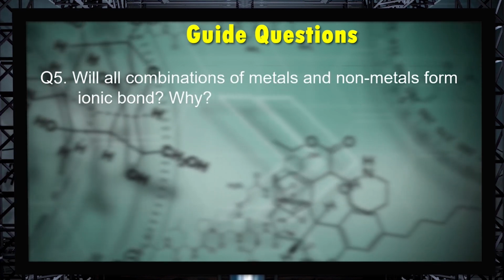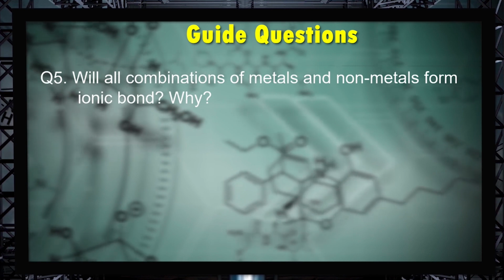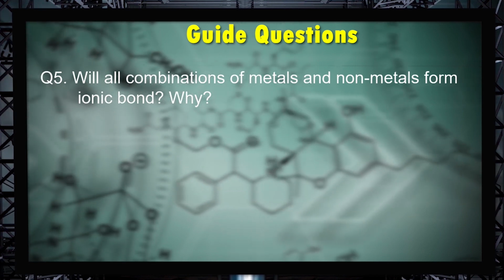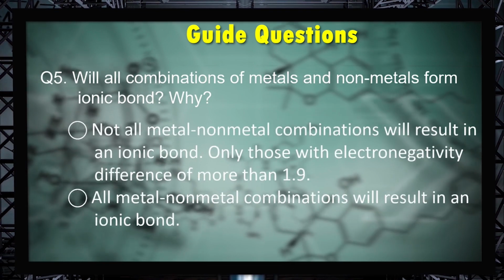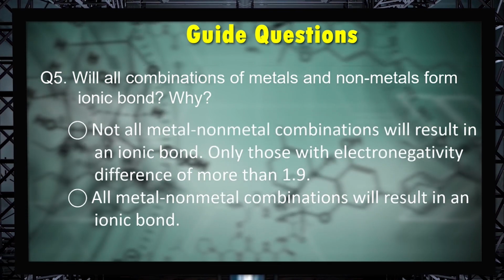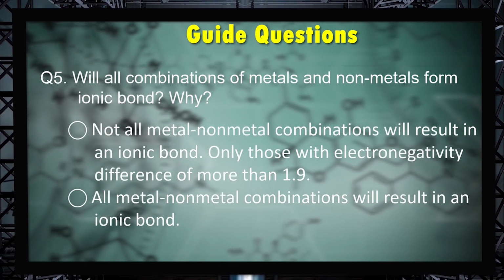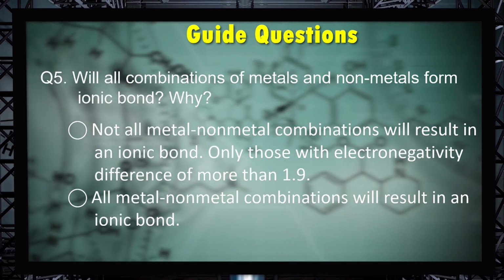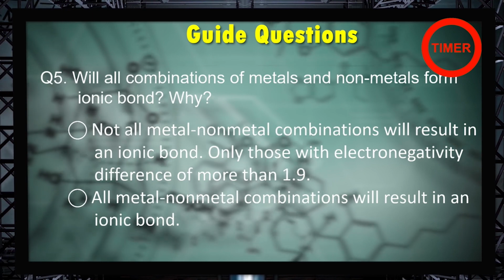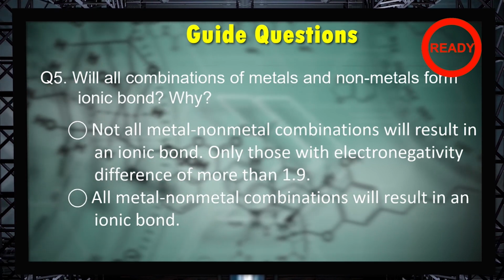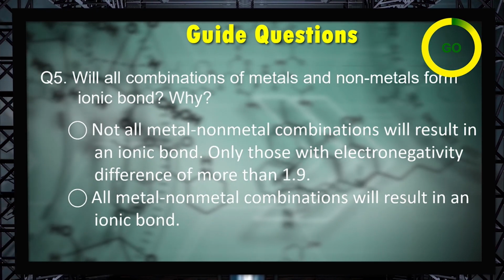Question 5. Will all combinations of metals and nonmetals form ionic bond? Why? Not all metal-nonmetal combinations will result in an ionic bond. Only those with electronegativity difference of more than 1.9. All metal-nonmetal combinations will result in an ionic bond.